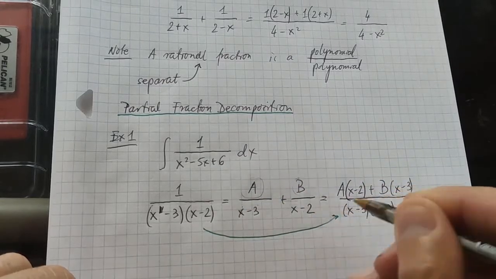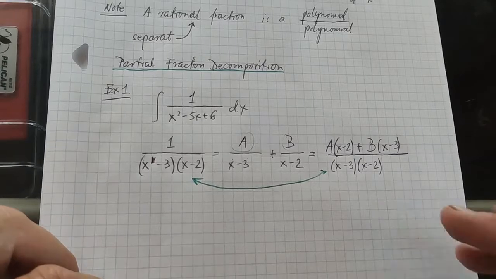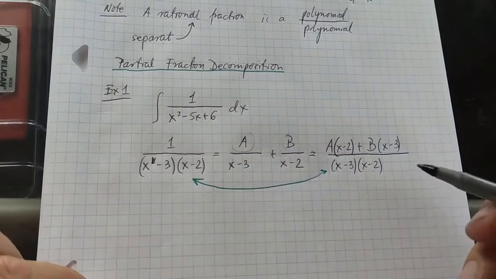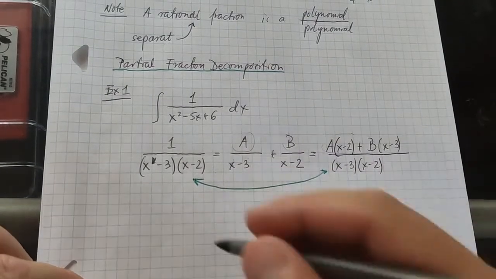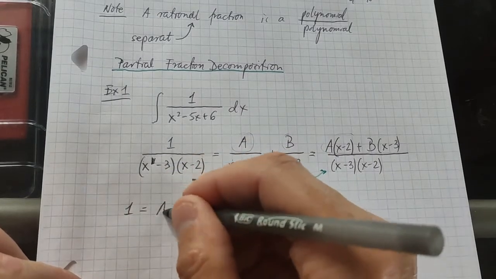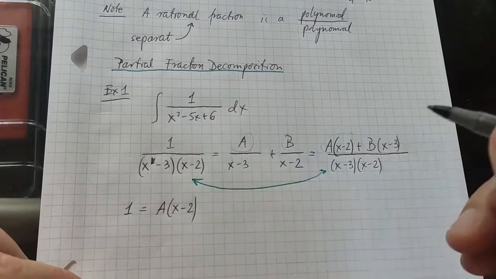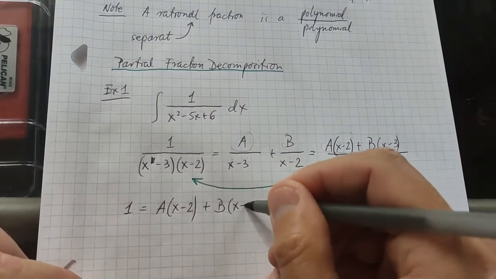Comparing these, the denominator is the same, and for those two expressions to be equal, 1 needs to be equal to the numerator. So I'll write it down: 1 equals a times x minus 2 plus b times x minus 3.